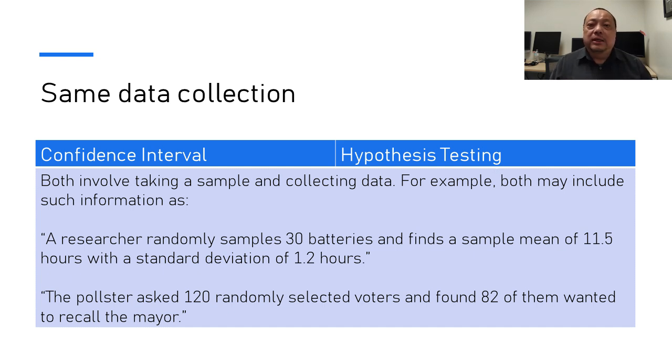Or I could say the pollster asked 120 randomly selected voters and found 82 of them wanted to recall the mayor. Both types of questions collect the same data. That's why they could be confused for one another.